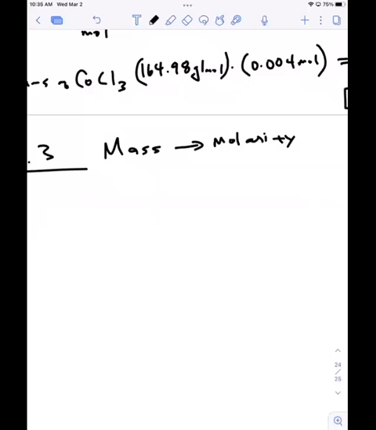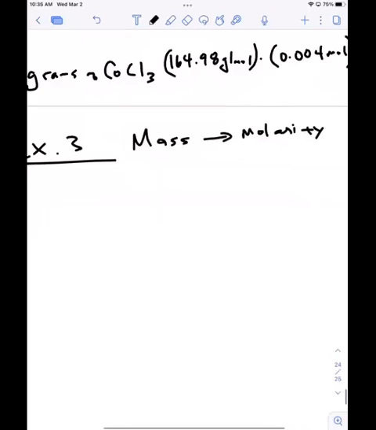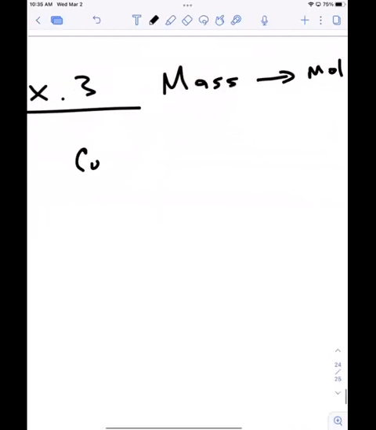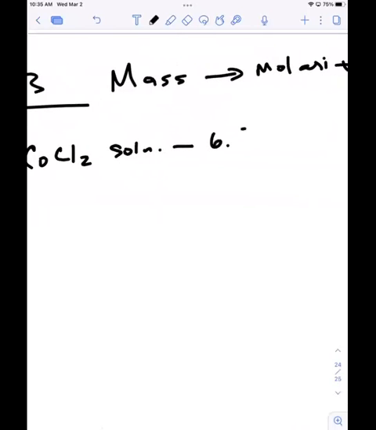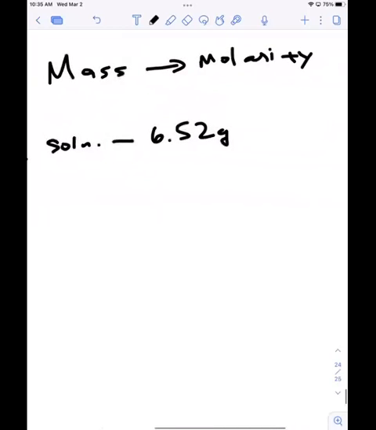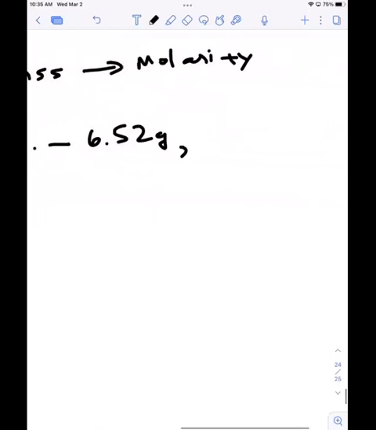We know the connection there, and then we can divide that by the volume of solution to get the molarity. So this is a solution of cobalt 2 chloride, and it contains 6.52 grams in 75 milliliters of water.